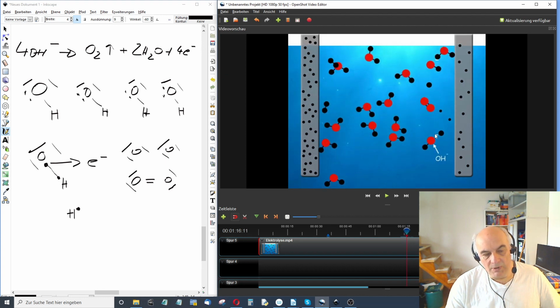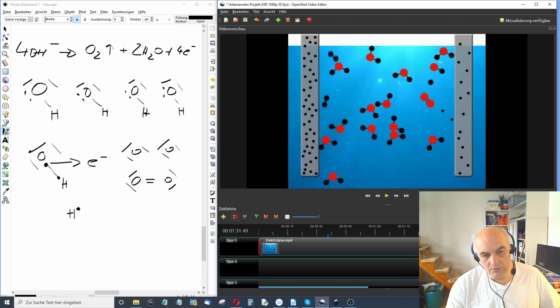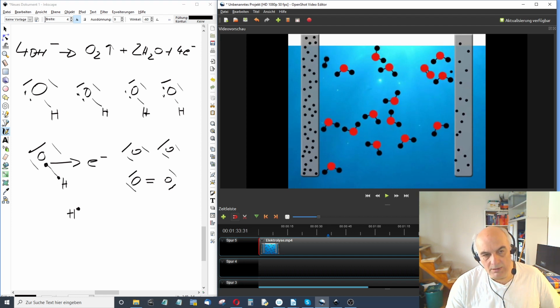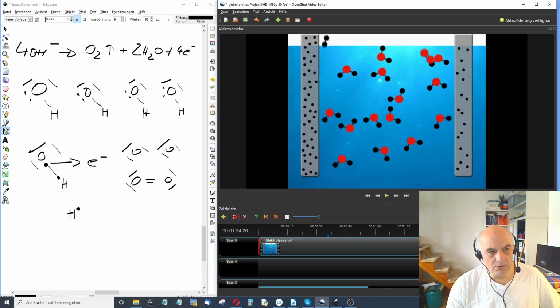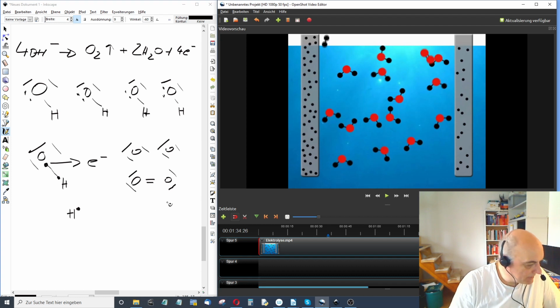And when the lost hydrogen meets another OH minus, they shoot a second time, as you can see here. And then the whole process is over. Which means that we have 2 steps. One is this, so I call this here A.